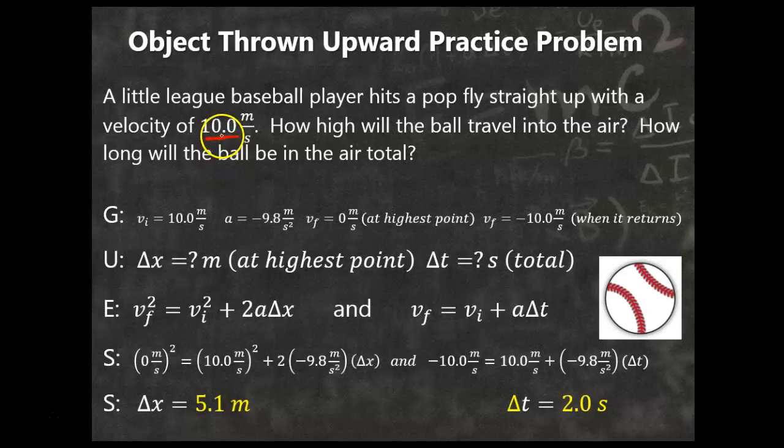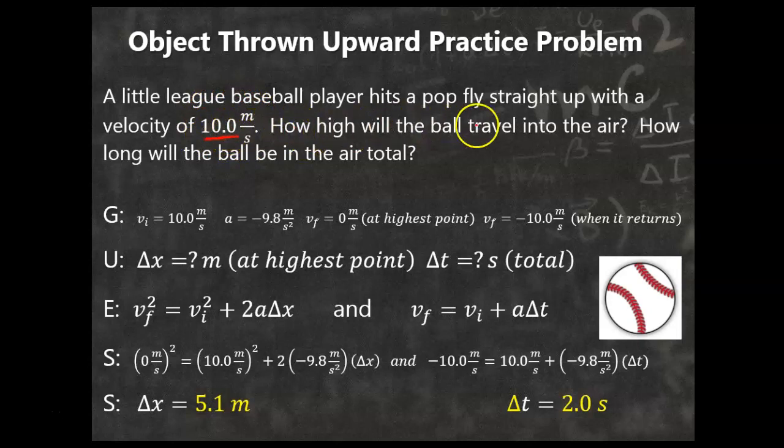It's going to take 1 second to give up all this speed, and then it'll take another second to come back down to the ground. It's not going to be exact because acceleration isn't 10 meters per second squared, it's 9.8, but it's going to be pretty close to a second going up and a second coming back down again.